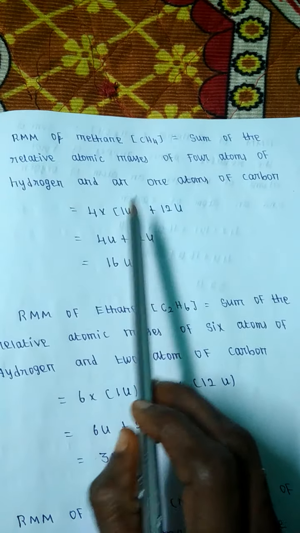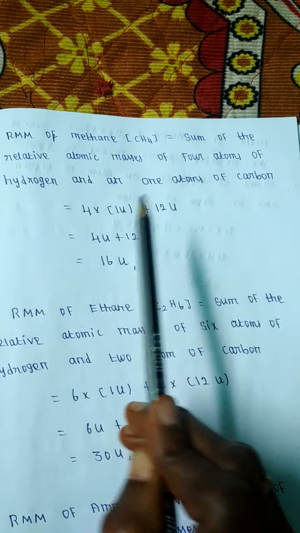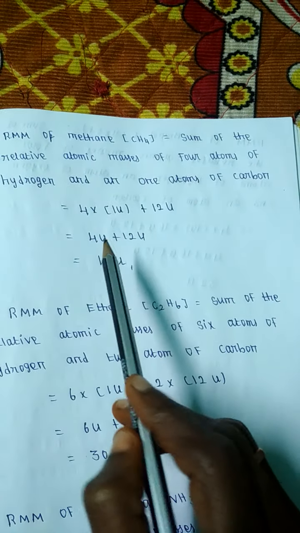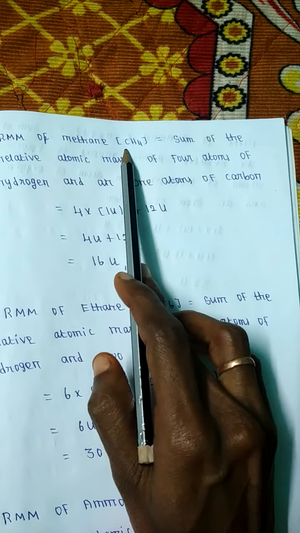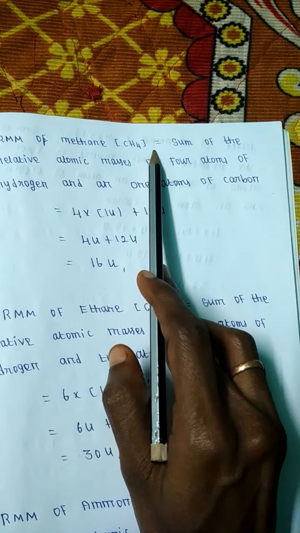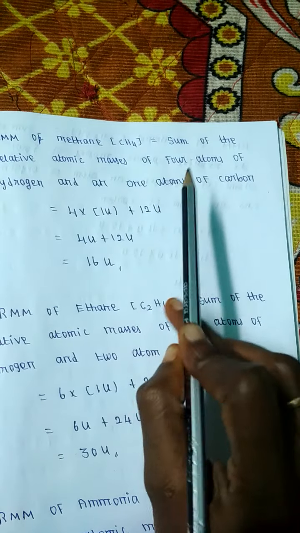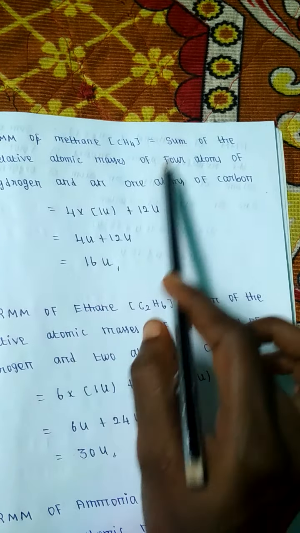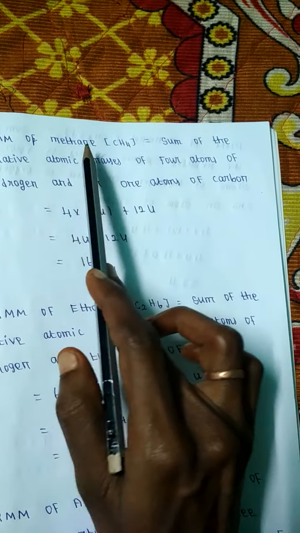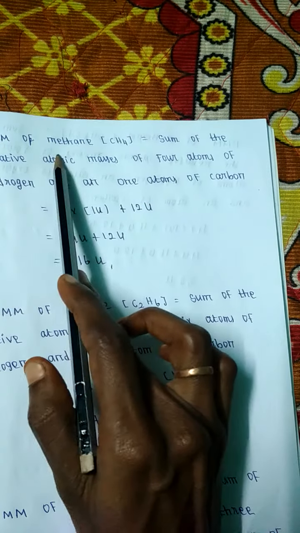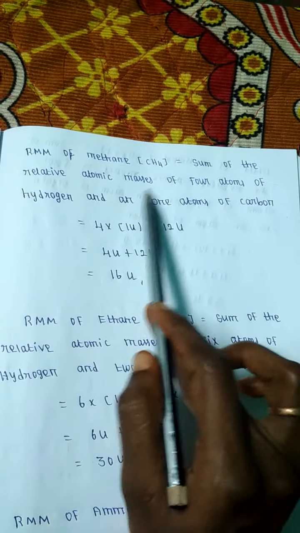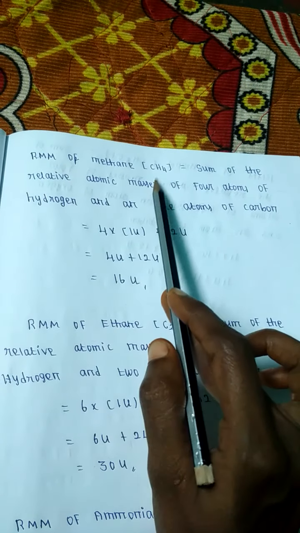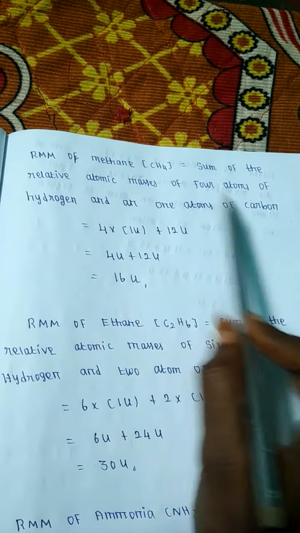Let us do the same thing for a bigger molecule. This molecule is called a methane molecule, which has 1 carbon atom and 4 hydrogen atoms. We are going to find the relative molecular mass of this molecule. Okay. The relative molecular mass of methane, CH4, is equal to the sum of the relative atomic masses of 4 atoms of hydrogen and 1 atom of carbon.